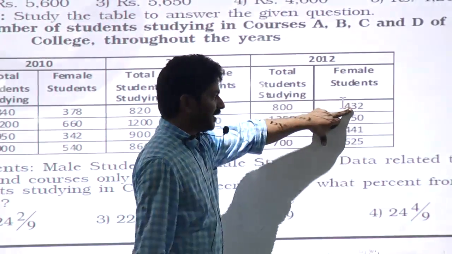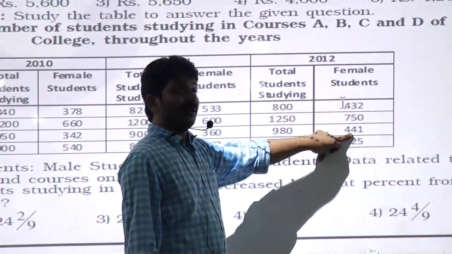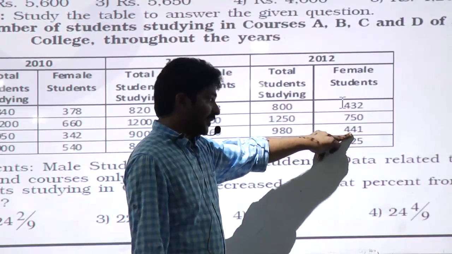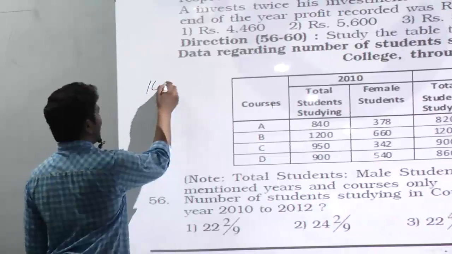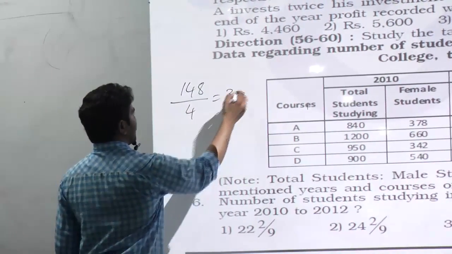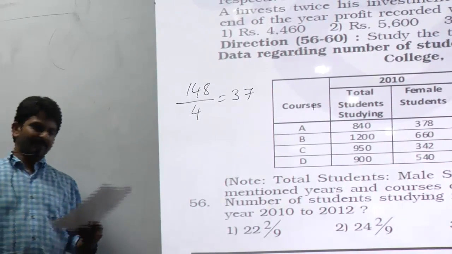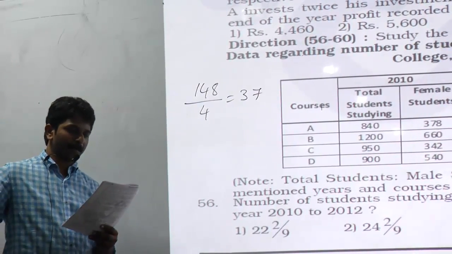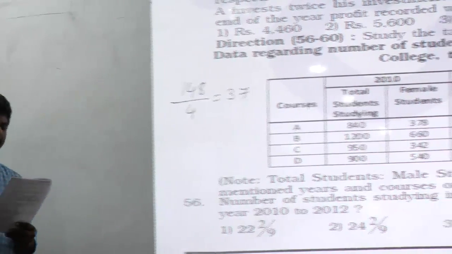Next: 32, 50, 82. 82 plus 41, 123. 123 plus 25, 148. 148 divided among 4 numbers, every number gets 37. So already we got 500 and then 37. 537.